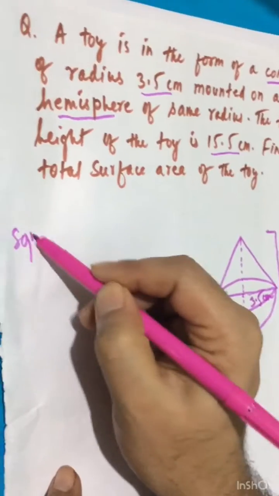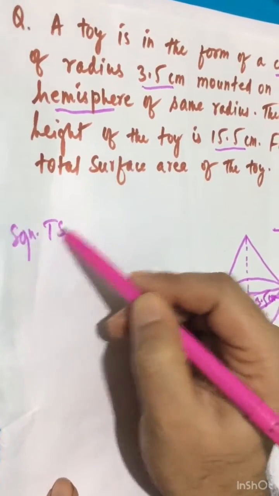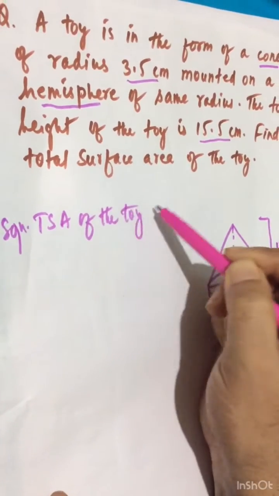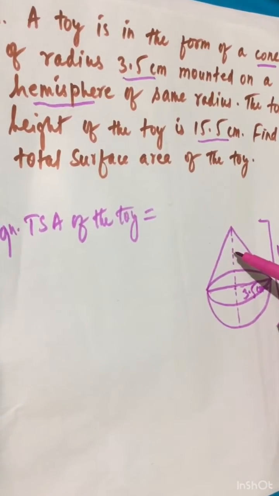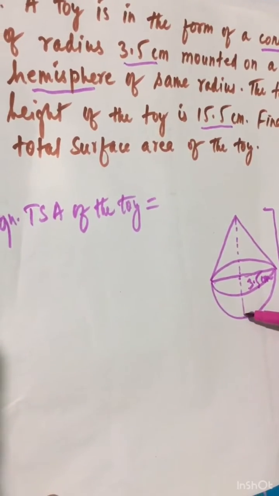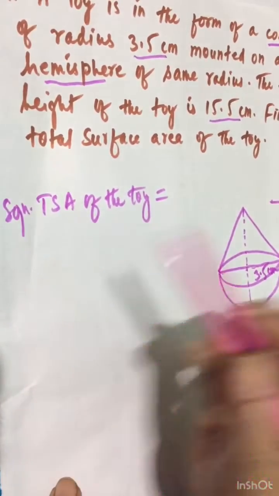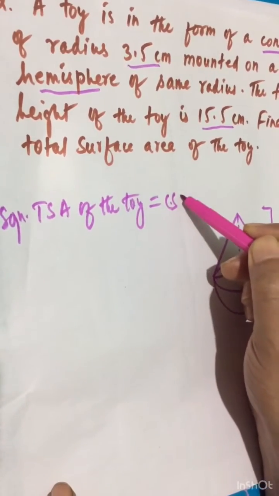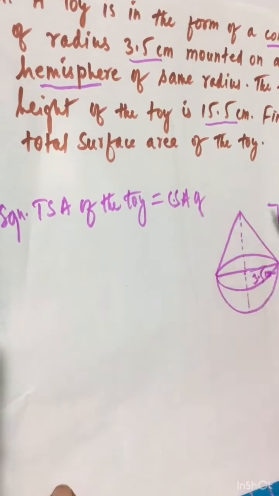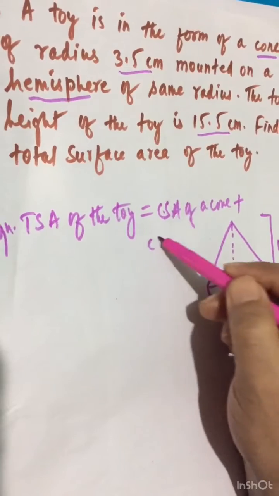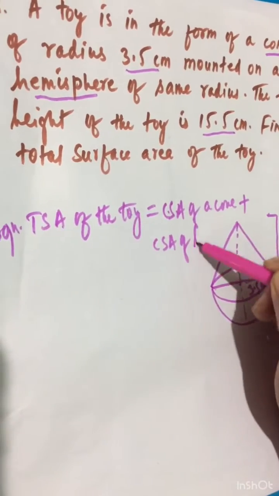So we'll write directly like this: total surface area of the toy will be the curved surface area of this cone plus the curved surface area of this hemisphere.